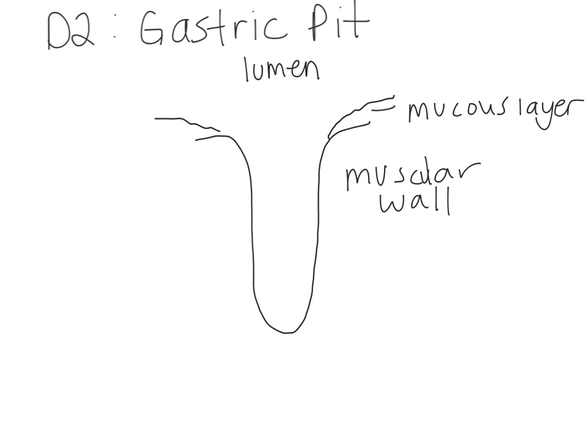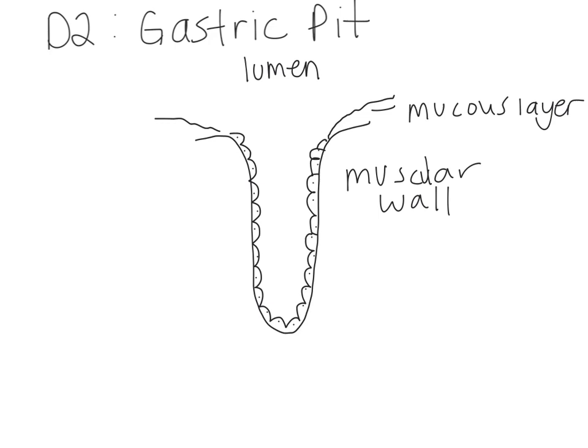All right, now lining the gastric pit is a whole series of cells, and these cells may look identical, but they're not. These different zones of cells do different things. So I'm just going to draw a dot in here to represent the nucleus so that you can take my really poor drawings and understand that each one of these is an individual cell.